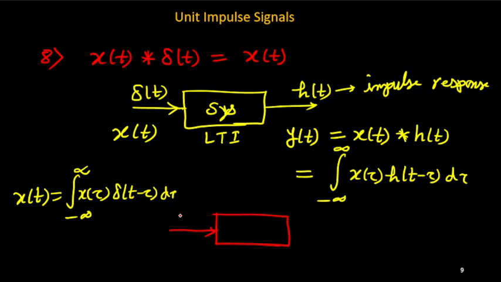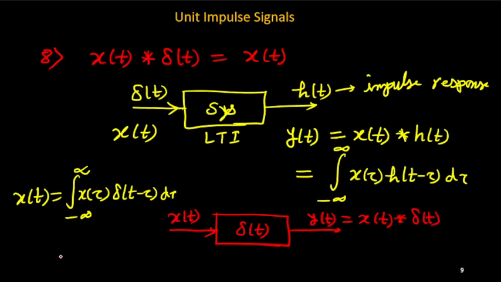If I apply x of t, I will be getting the convolution of this and the impulse response. Now if I say its impulse response is delta t, then obviously this output y of t is nothing but the convolution of x of t and delta t. Now what is the meaning of impulse response? I have said that if I apply del t, whatever we get at that time.